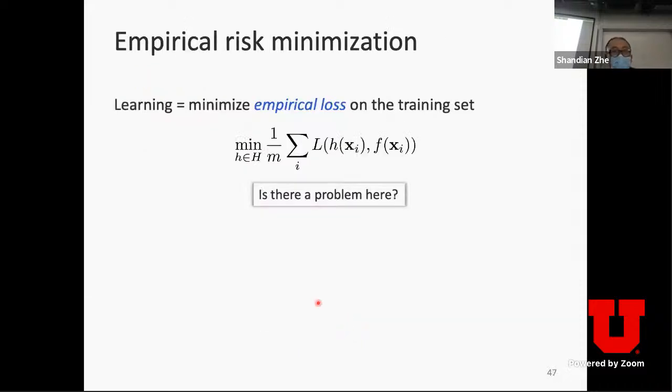Okay, so if we conduct our learning by minimizing this empirical loss on the training set, this principle is called empirical risk minimization. But there's a problem here, that is overfitting. Because it only cares about the loss or the accuracy on the training set, it is easy to lead to overfitting.